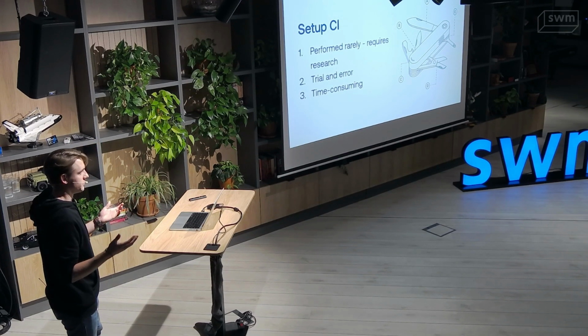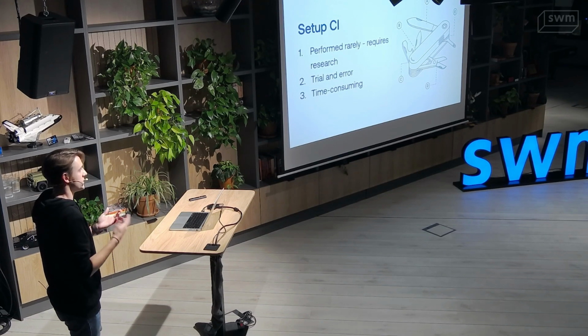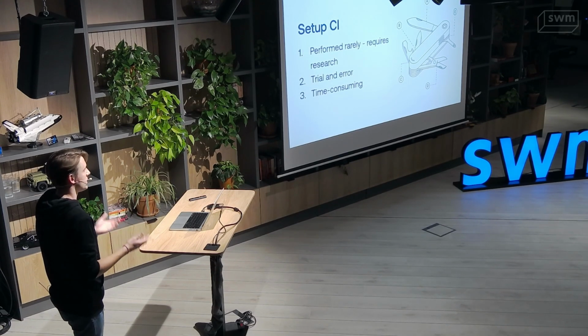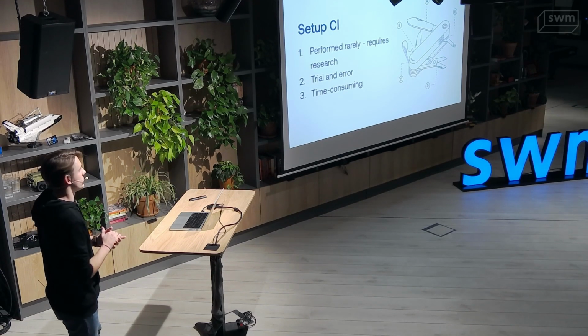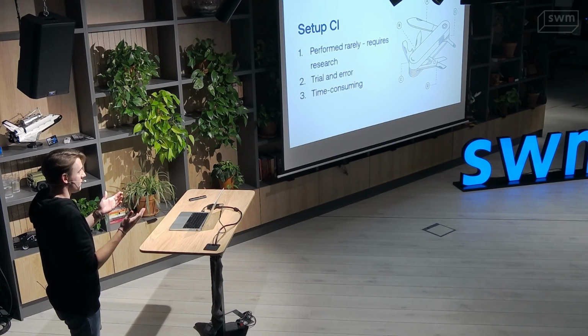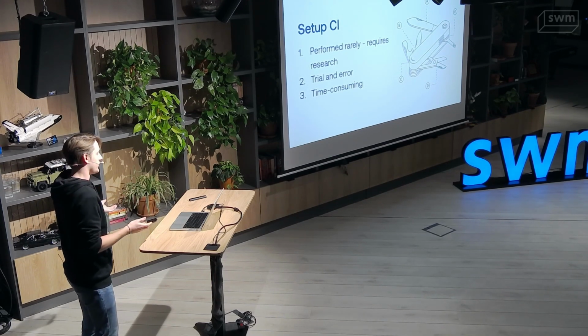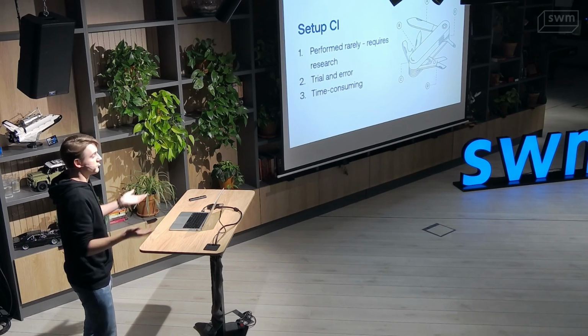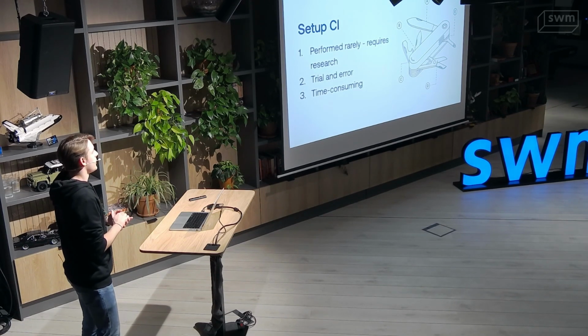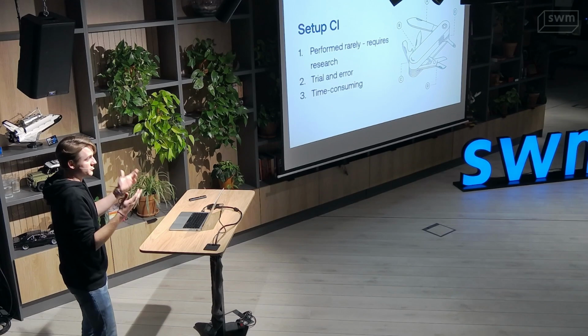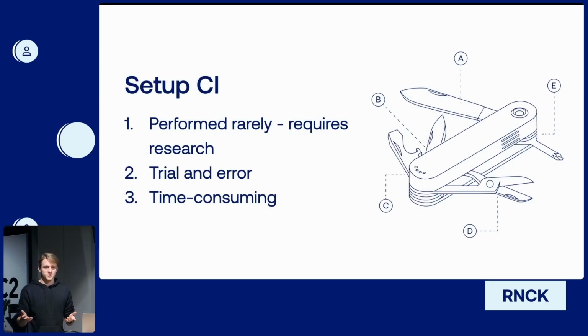Even if we did some research in the past and understood how it works, after 1 or 2 years we've probably forgotten how to do it properly, and we just go through articles, old code bases, and Stack Overflow to put different pieces together to make it work. Usually it doesn't, so you commit another small change, wait for the CI, hope it will work, and it takes a lot of time.